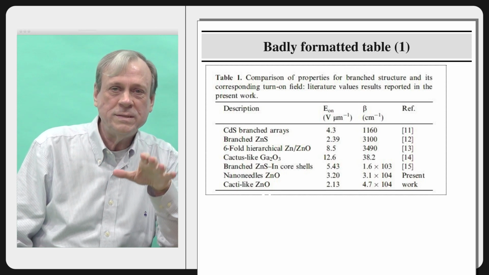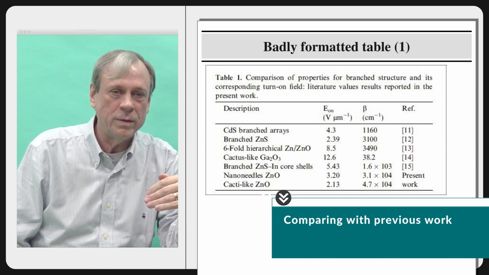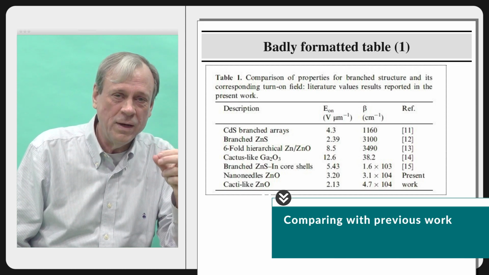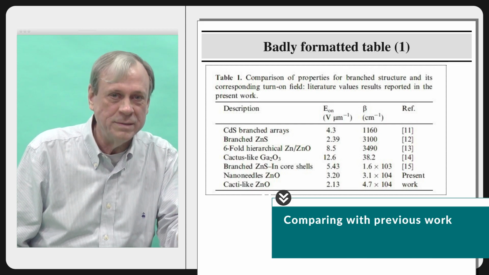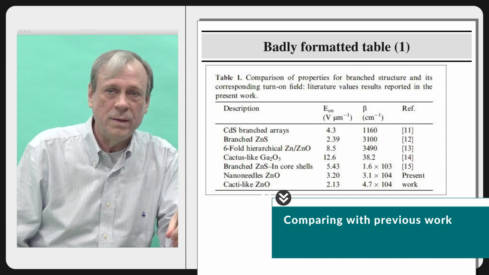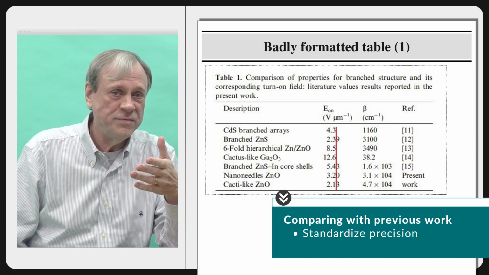So here, this is a situation where the author is comparing their work with other previously published work. And what they've done is they have copied the exact numbers that are listed in that other publication. And so you have different levels of precision, but that's confusing.